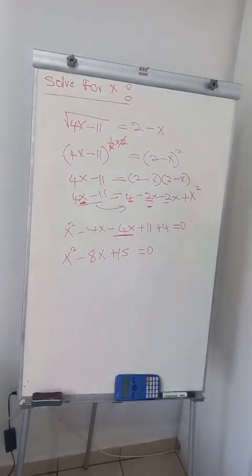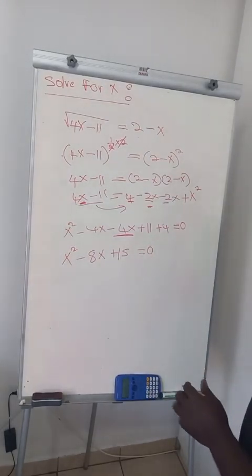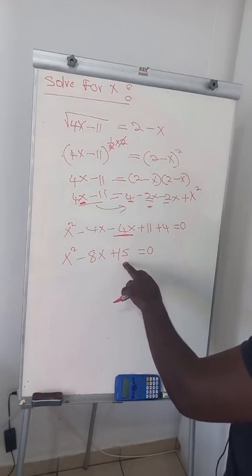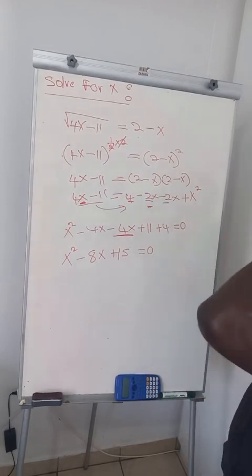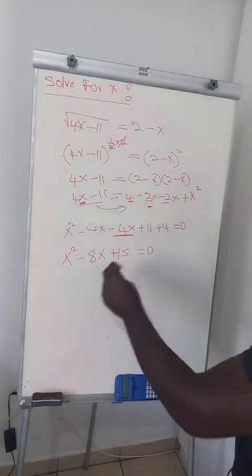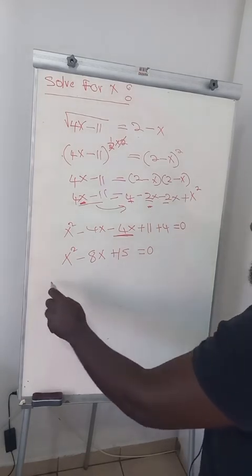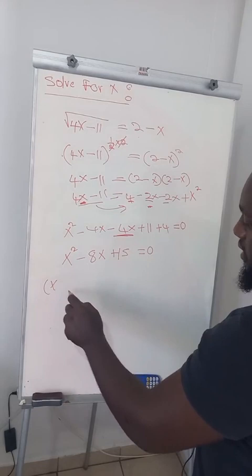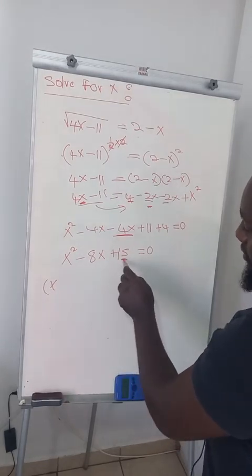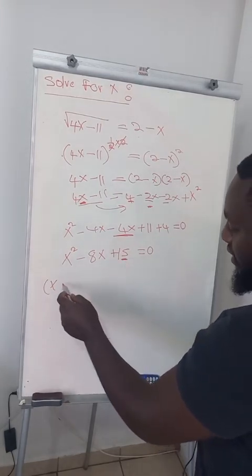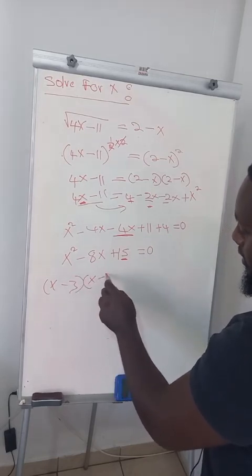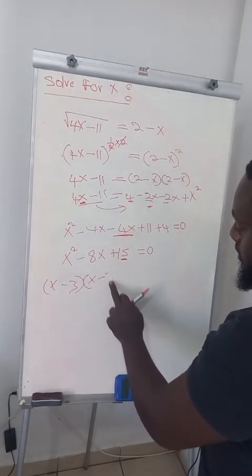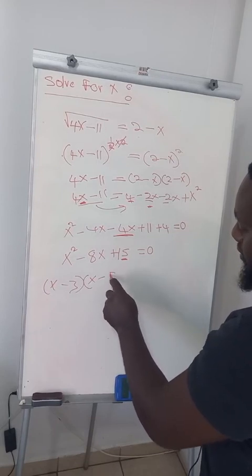Now try to factorize this. So trying to factorize, you need factors which when you multiply them together give you 15, but when you add them together give you negative 8. So here you just have to say this is x here. The factors which give you 15 are just 3 and 5. So it will be x minus 3, and also x minus 5.